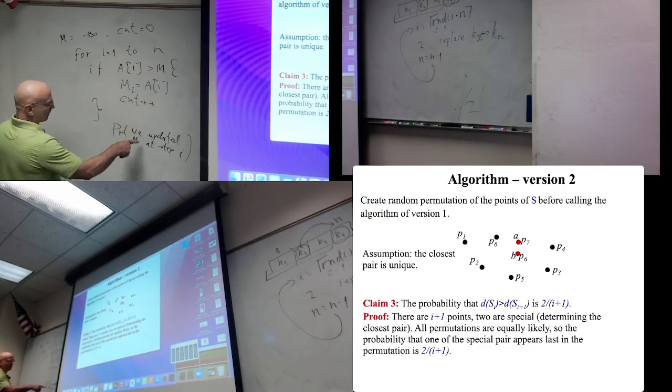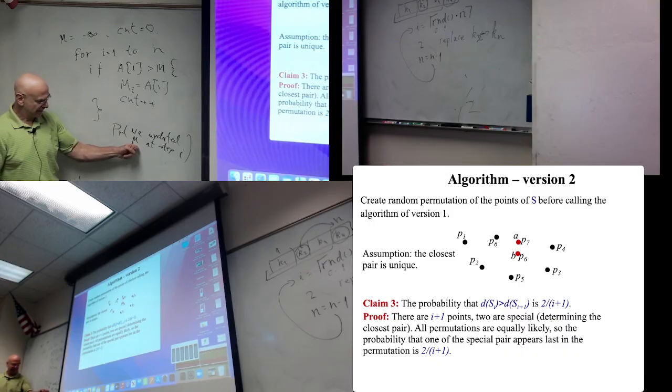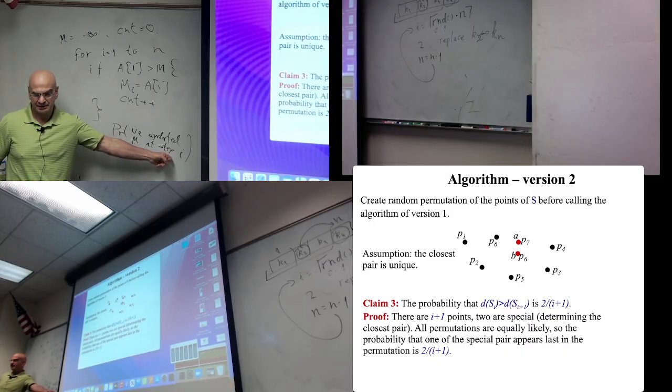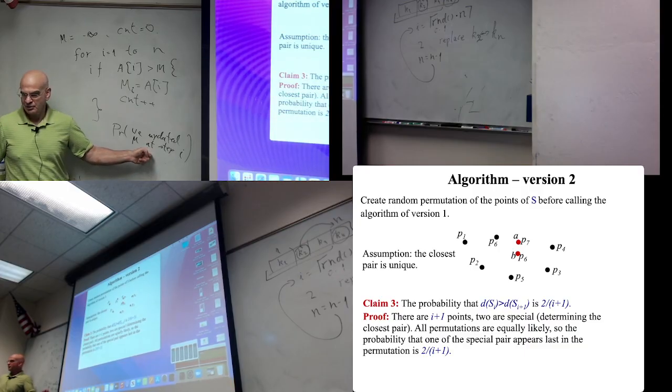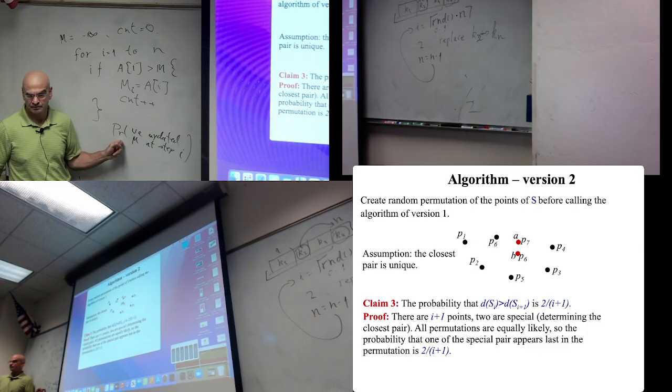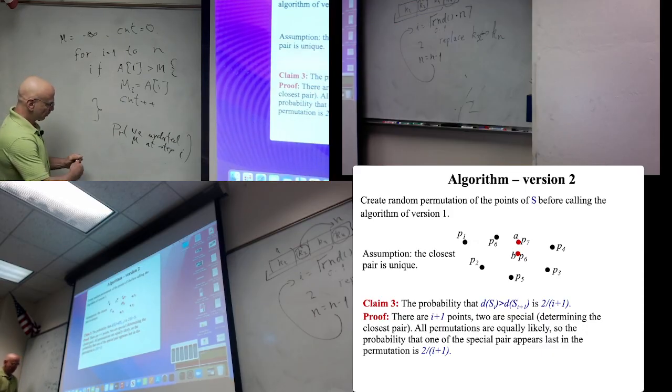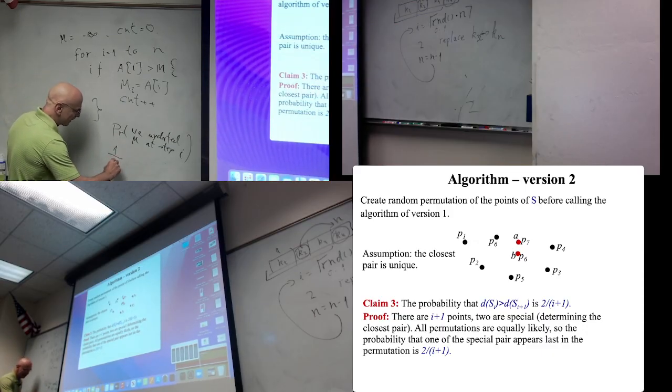I wanted to ask what is the probability that we updated the maximum at step number i? And the answer was that this probability is 1 over i.